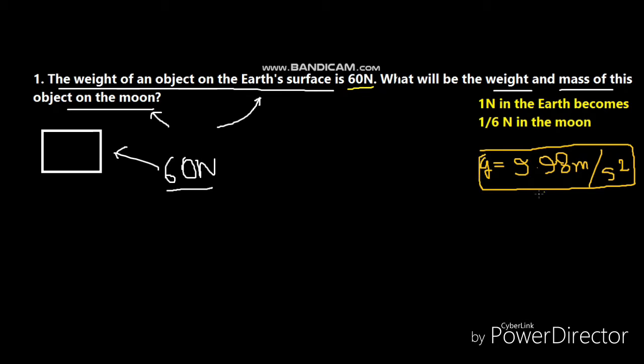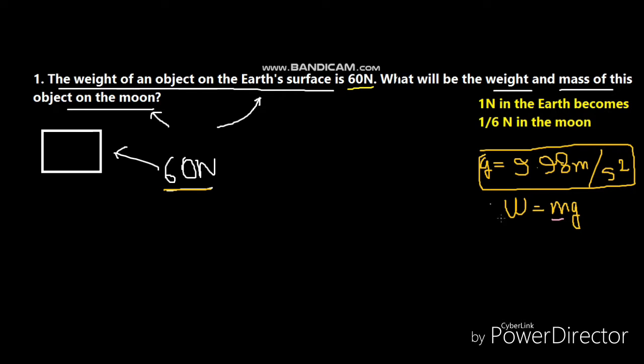And we also know that the weight, or W, is equal to m times g. Here m is the mass of the object, and g is the gravitational acceleration. So we know the weight of this object, which is 60 Newton, and we can easily find out the mass of this object, because we also know the value of this g, which is 9.98 meter per second squared.